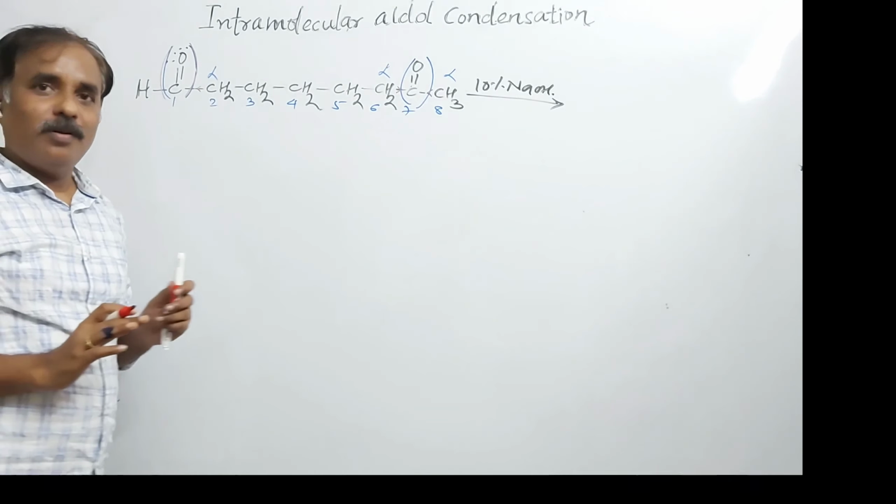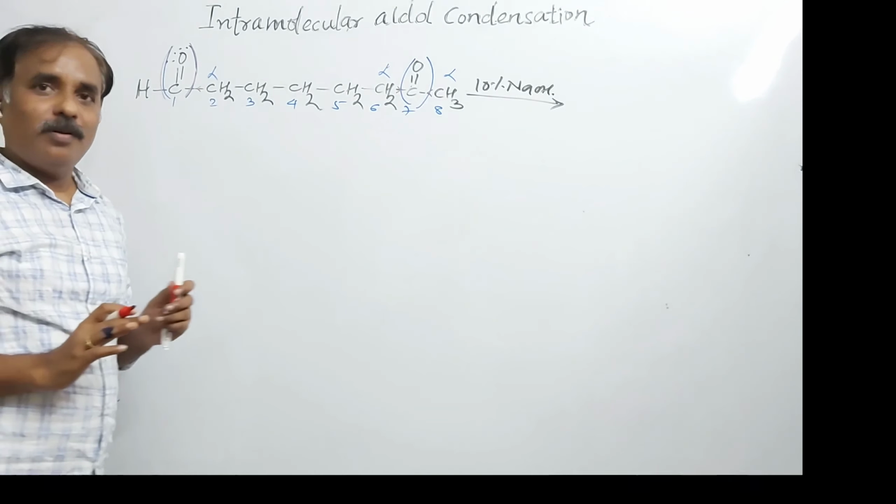Carbanion formation either from this alpha carbon or this alpha carbon. Suppose formation of carbanion from this terminal alpha carbon. Again, this is an example of intramolecular aldol condensation, isn't it? अगर carbanion इस कार्बन का बनता है, so formation of carbanion, attack of carbanion, ये नया बॉन्ड बनेगा. 1, 2, 3, 4, 5, 6, 7 and 8, isn't it?